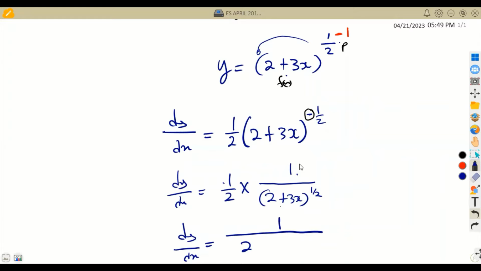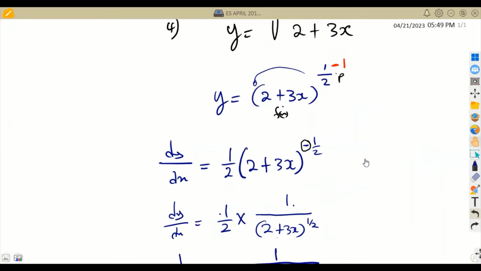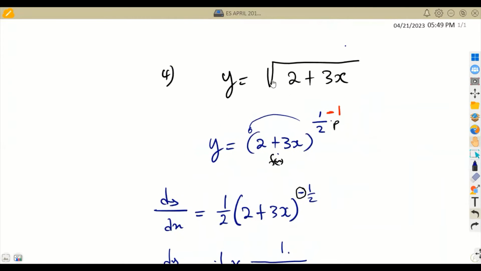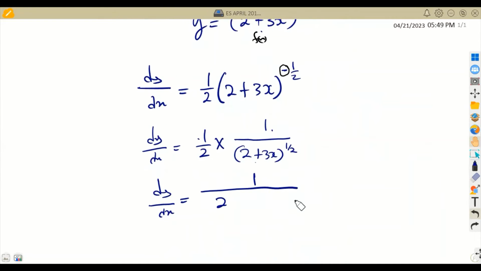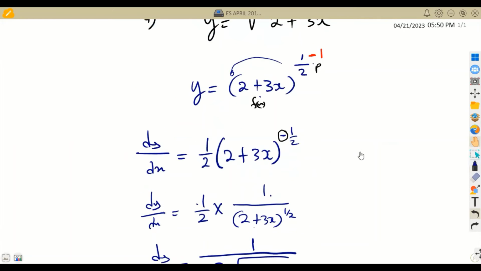But we know that to the power of a half, just like what we had before, was a square root. So this time it's a reverse. From to the power of a half, we know that it represents the square root. So this is going to remain as the square root of 2 plus 3x. So this is how you can present your final derivative.